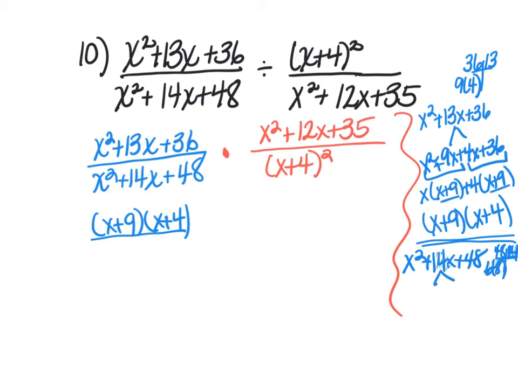Okay, so I can split up b into a 6x and an 8x. Bring down the first term and the last term.